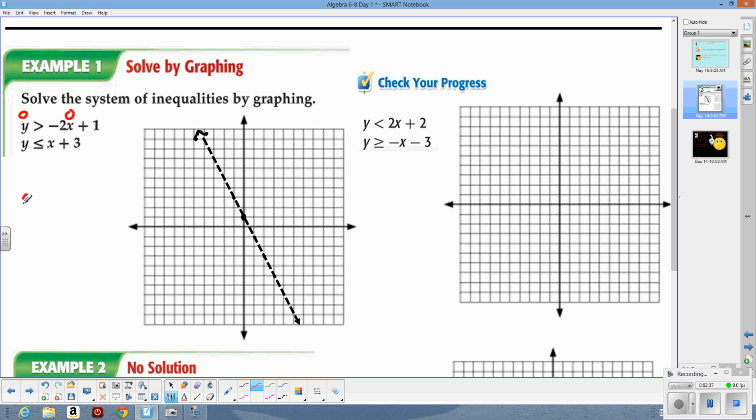And so we end up with 0 greater than 1. 0 is not greater than 1, so 0, 0 is not part of the solution. Therefore, I'm going to shade the part of the line that is to the right. All of the points that are in this blue shaded section are solutions to the first inequality.